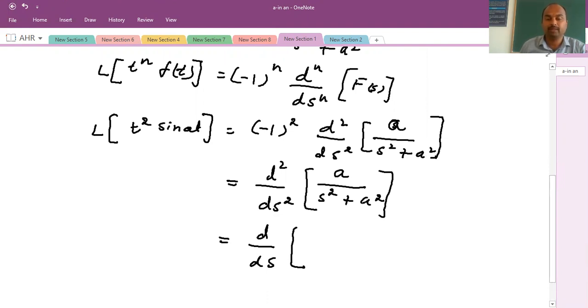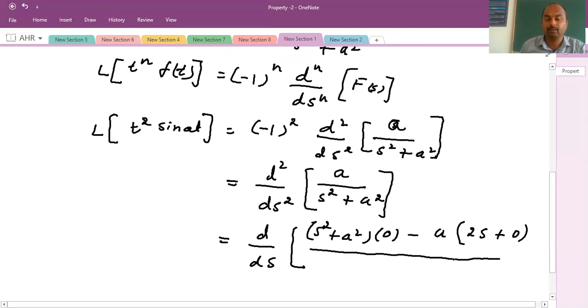Here a by s square plus a square, u by v form. First denominator s square plus a square into differentiation of numerator. A is a constant, its derivative will be 0, minus numerator into denominator derivative. S square derivative is 2s and a square derivative will be 0, divided by s square plus a square to the whole square.